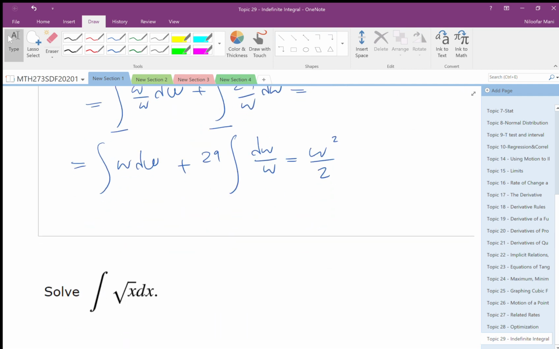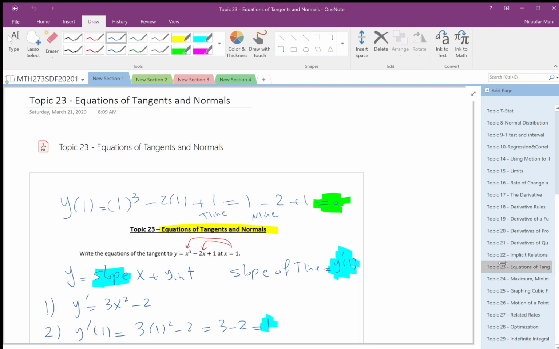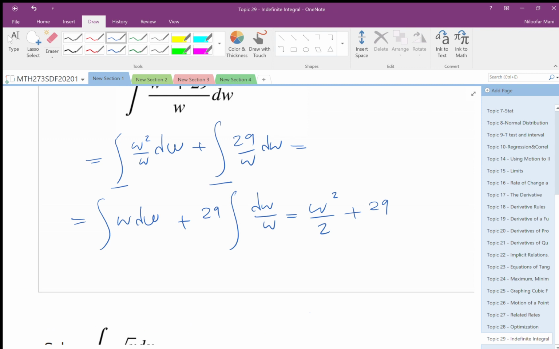Okay, so I can do that. Plus 29, that's ln. Okay, so that's 29 ln absolute value w plus c.